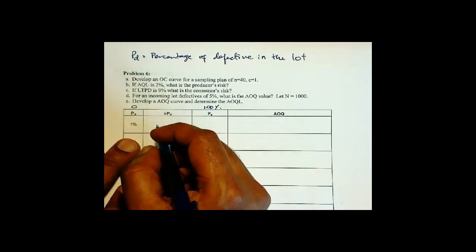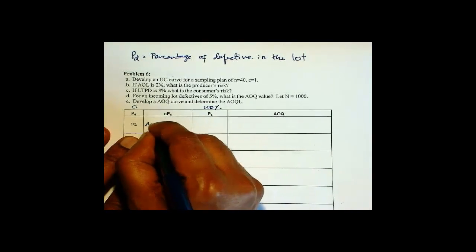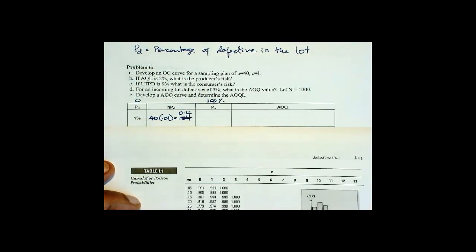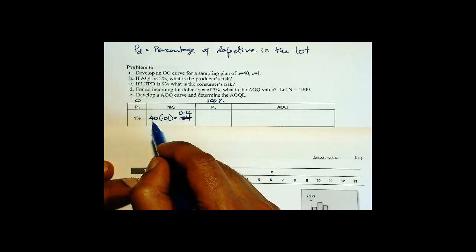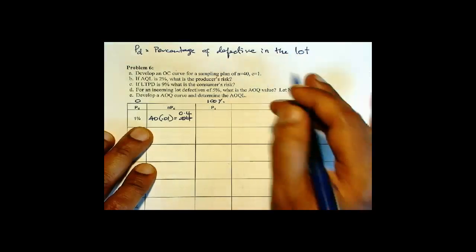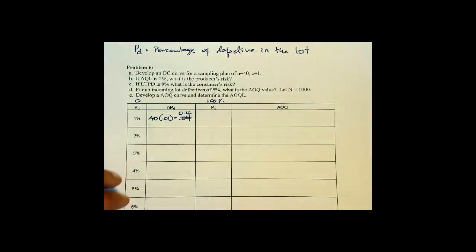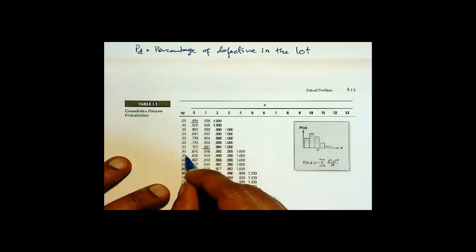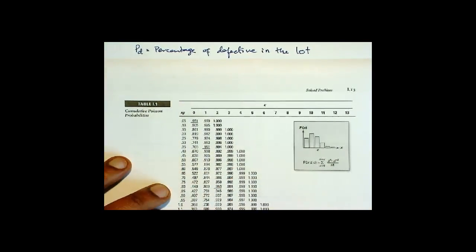So n times P sub d will be 40 times 0.01, so n times P sub d is 0.4. We're using c equal to 1. So go to the Poisson table for 0.4, and c equal to 1, it is 0.938.